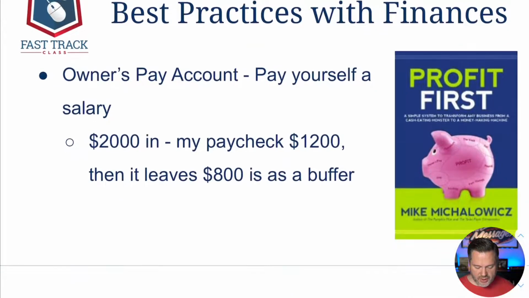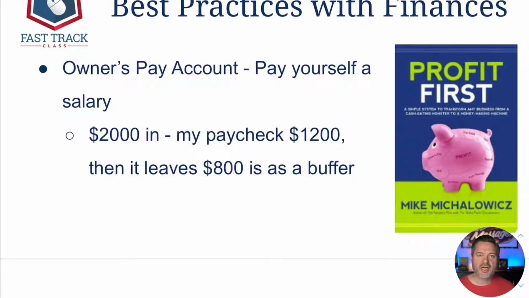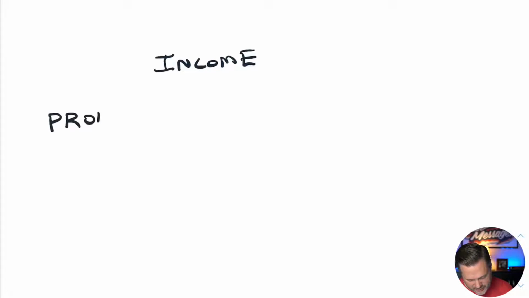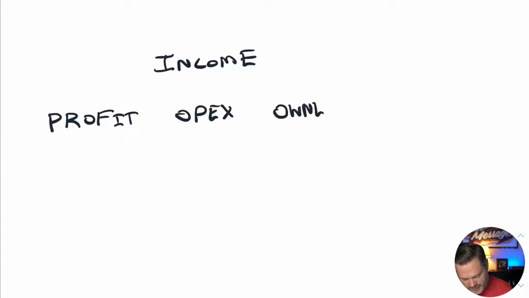All right. So let's use an example, okay? Before I come back to this, let's just scroll down here. I got some extra space here. So again, we've got our income account. We have a profit account. We have an OpEx account. We've got an owner's pay account, and we have taxes.